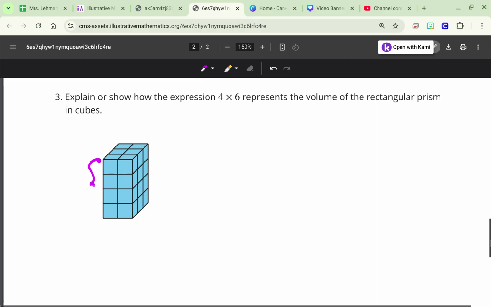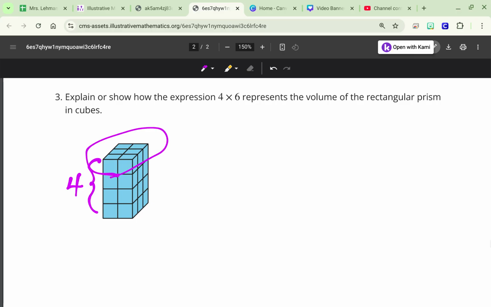Well, this prism has the ability to have 4 layers because it has a height of 4. Now, how many cubes are in each individual layer? If I take a look, for example, at this top layer, it has 6 cubes. 1, 2, 3, 4, 5, 6.